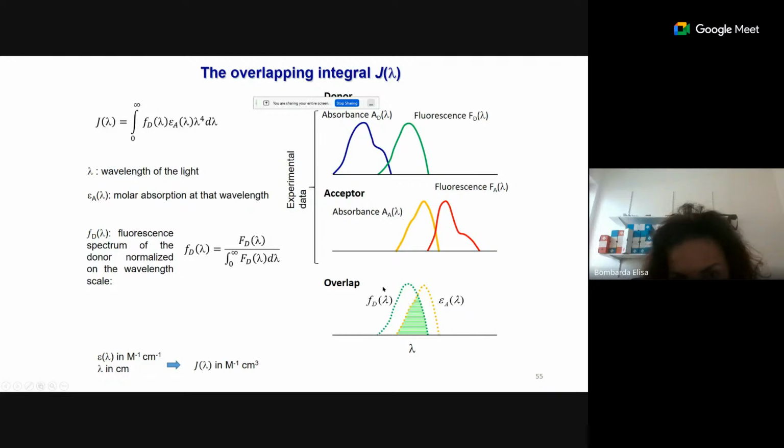One is a parameter that informs us on the emission, and the other informs on the absorbance. So this area needs to be calculated, and these are the units involved, and we will get this overlapping integral here.